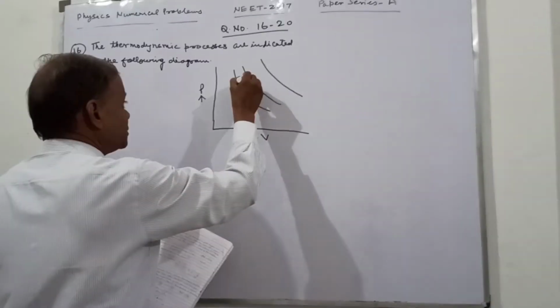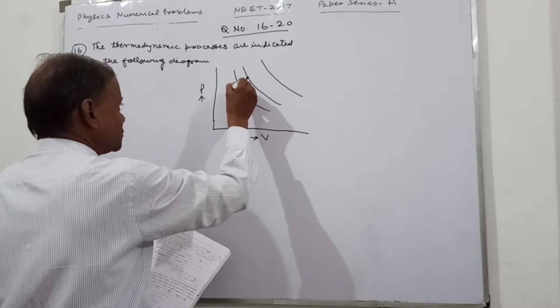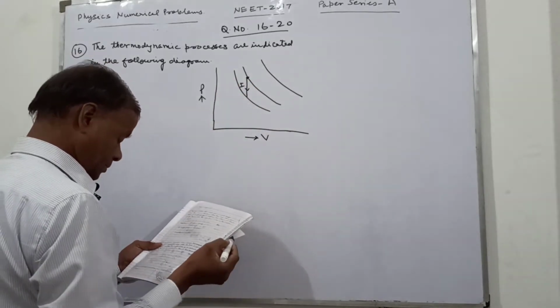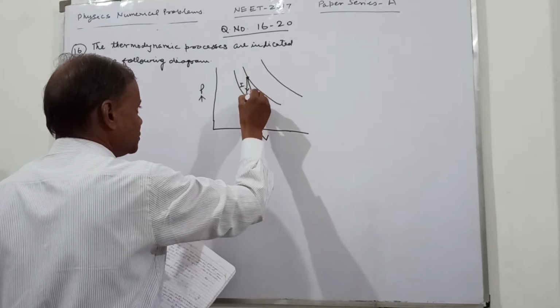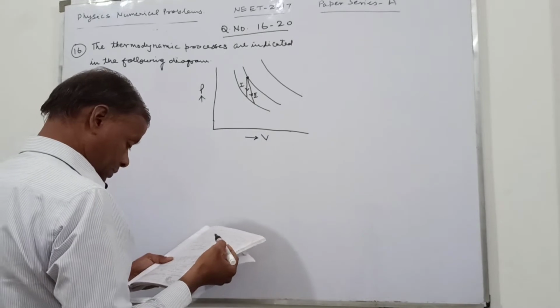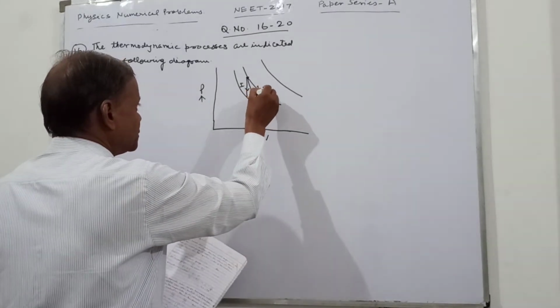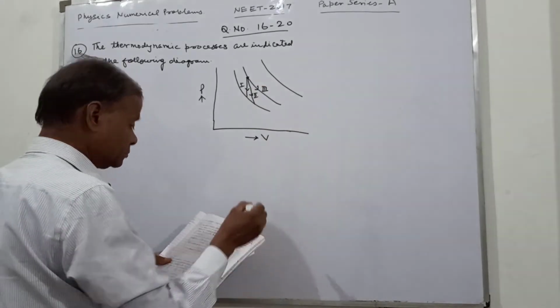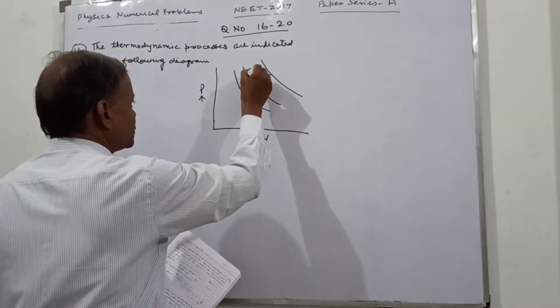Now this is the point from where this is the first process. Then this is the second, and this is the third, and this is the fourth.